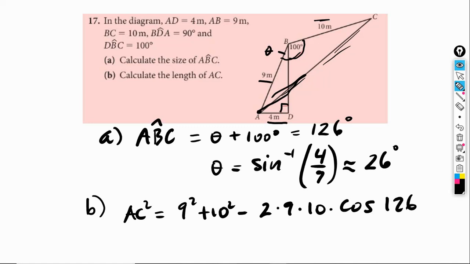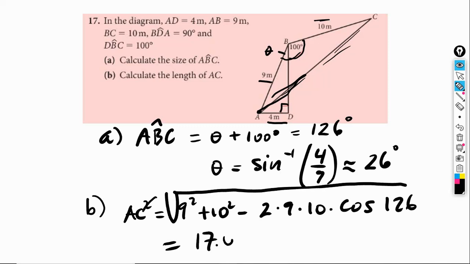That means that AC would be equal to the square root of all this. And if we plug that into the calculator, we're going to find that it is approximately 17.0 meters. Notice again the rounding to three significant figures.